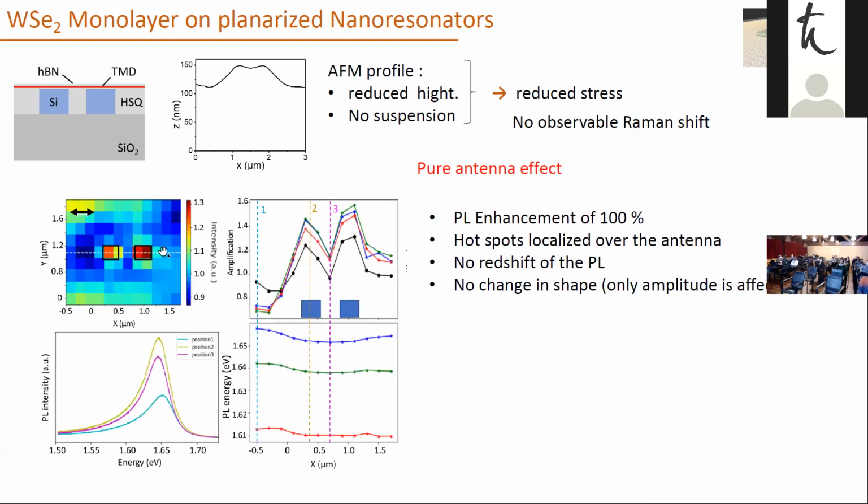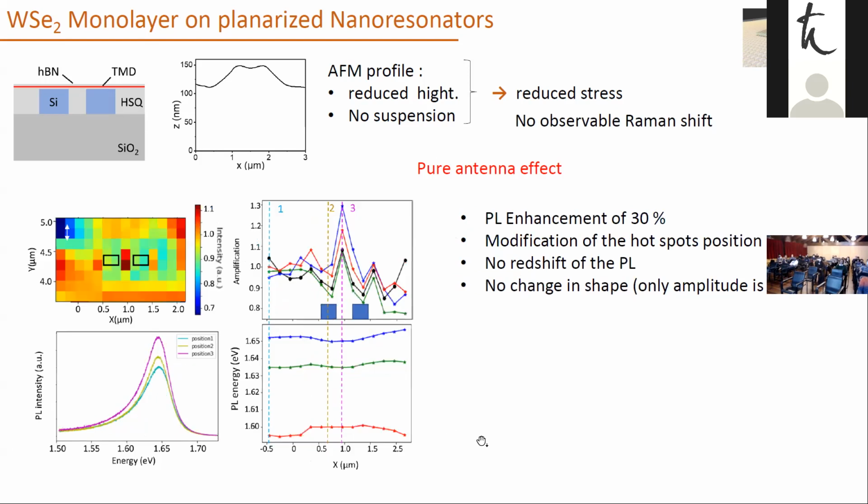So what we see, again in the parallel case, we see exaltation of the PL over the antenna, nearly 100% PL enhancement. It doubled the intensity. The hotspots are localized here over the antenna, and there is no observable redshift or change in the shape of the PL spectra.